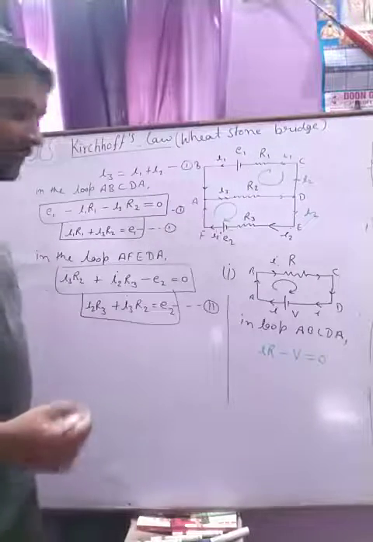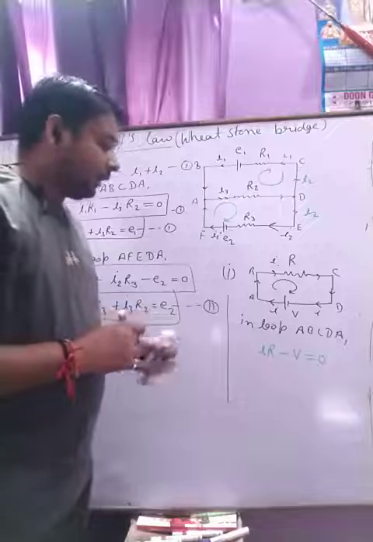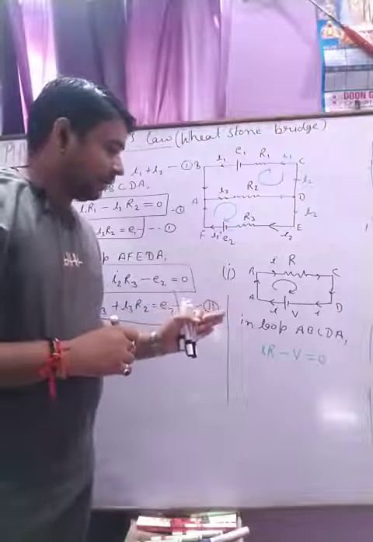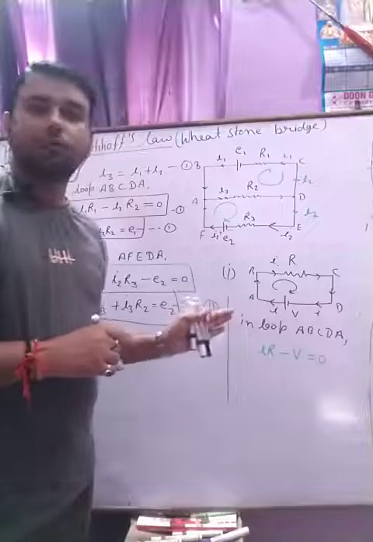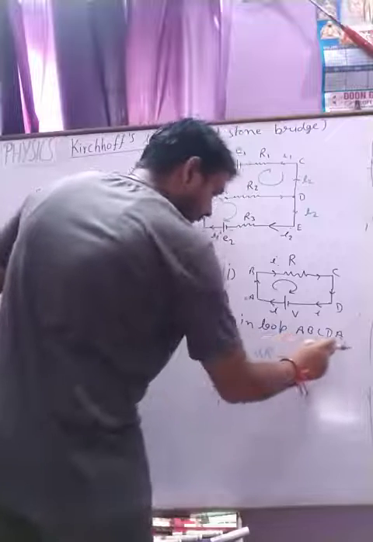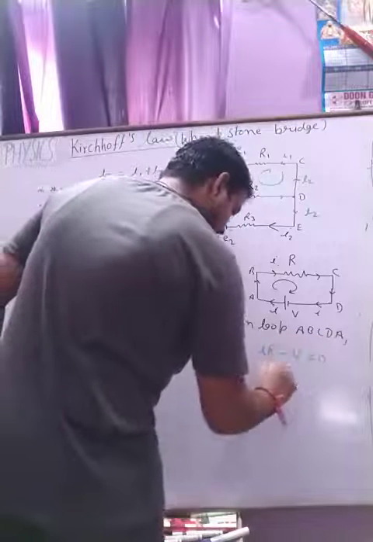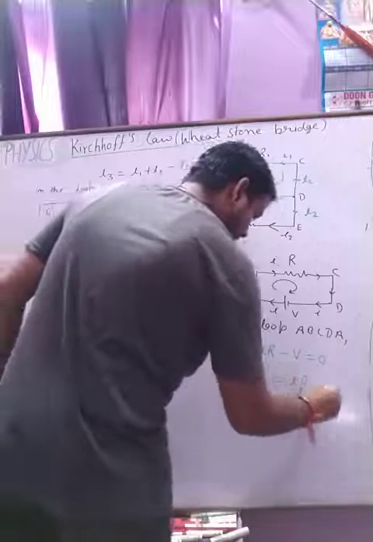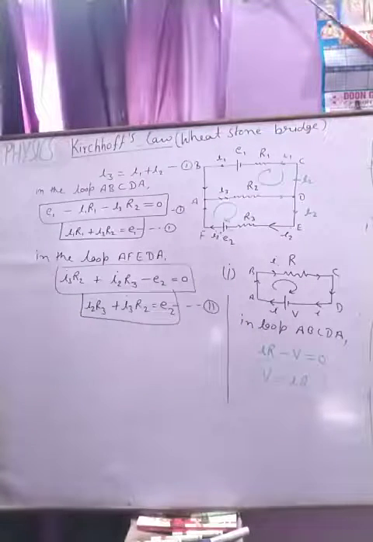According to Kirchhoff's second rule, the total EMF or total potential energy of a loop is equal to 0. That is, we get V equals IR. This is Ohm's law.